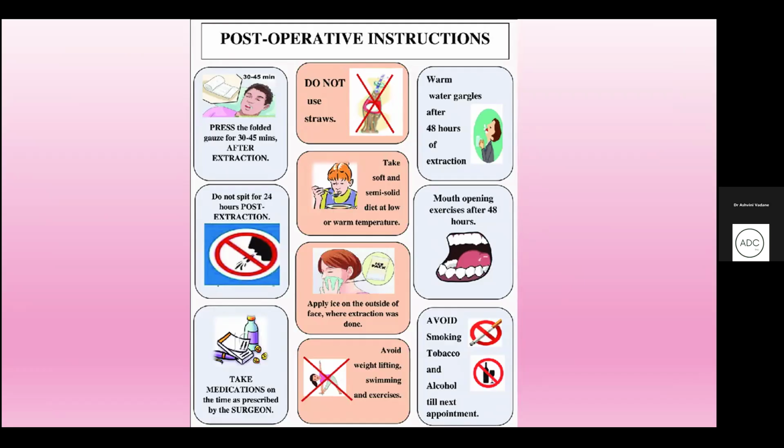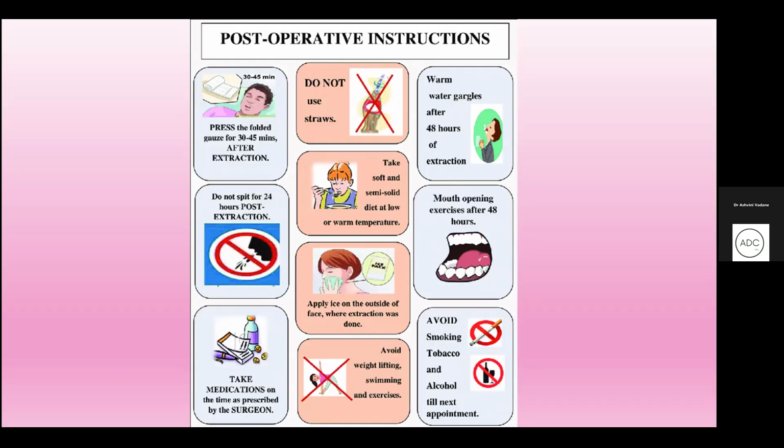Then we have to tell the patient to take the medications properly. Whatever medications we prescribe, we have to prescribe an antibiotic, an analgesic, and if required, an antacid. Then there should not be use of straws while consuming any cold drink or fluid, because it can cause negative pressure in the oral cavity, and it will delay the healing.